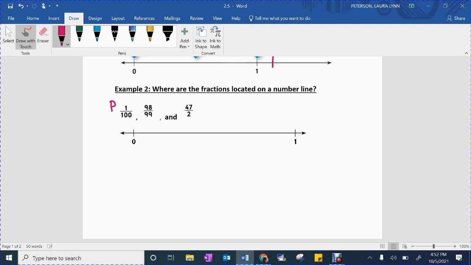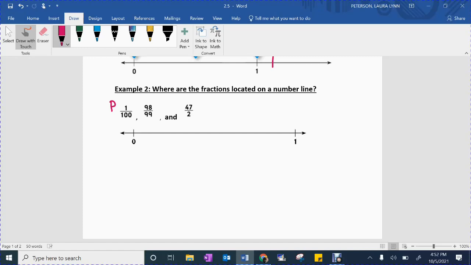We know proper fractions are smaller than 1, so it has to be somewhere to the left of the 1 on the number line. We got a lot of space here, so let's narrow it down. That top number was really small compared to the bottom, which means overall the fraction is really small.